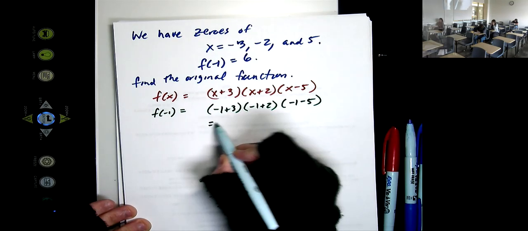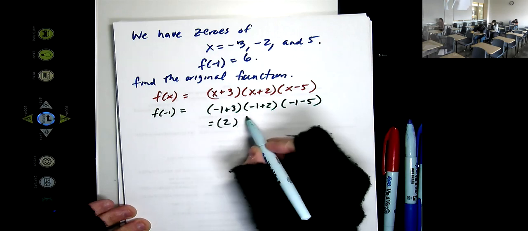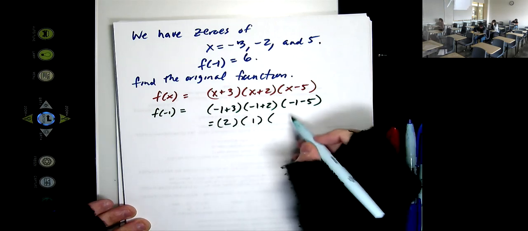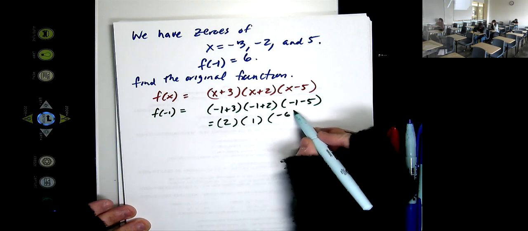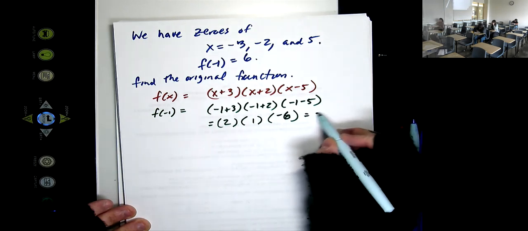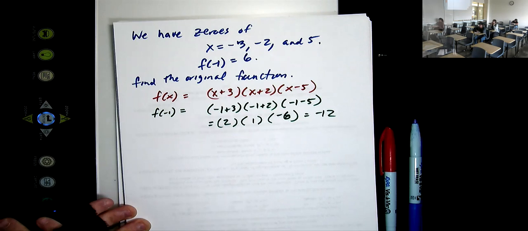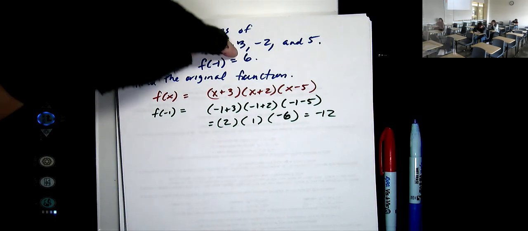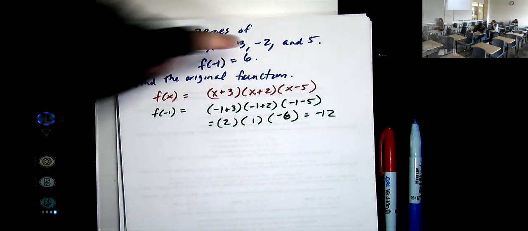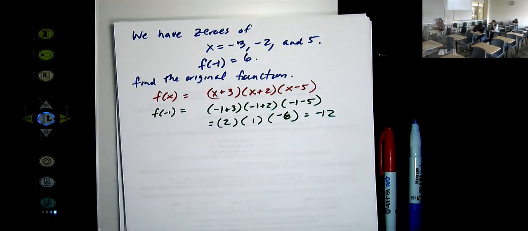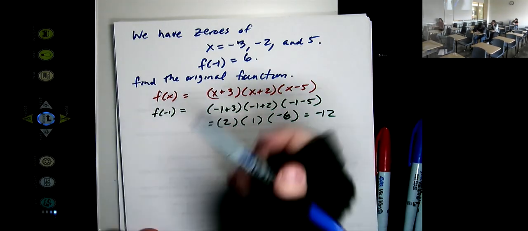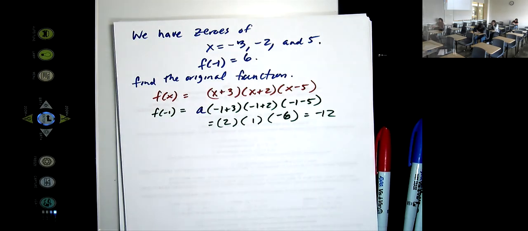It gives me 2 times 1 times -6, which is -12. That does not equal 6, right? Which means there must be something in front of it. There must be some multiplier.